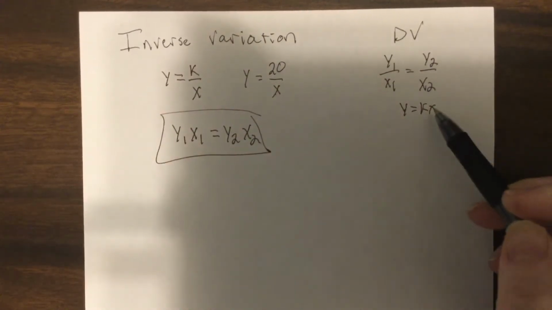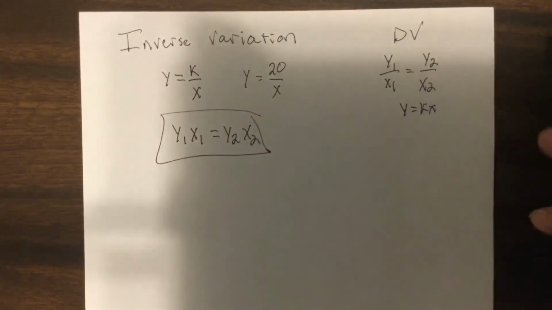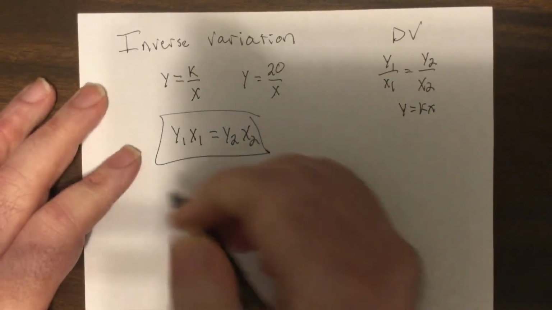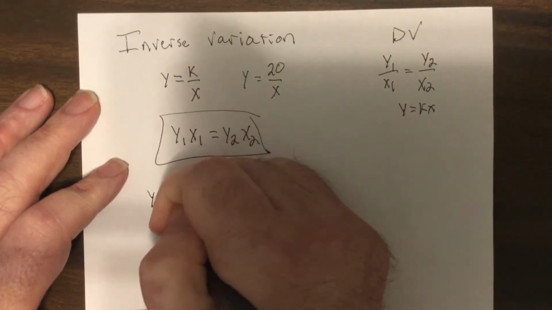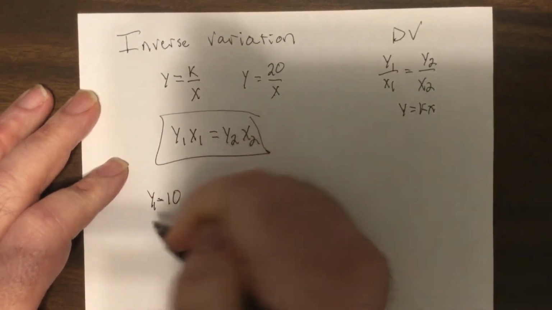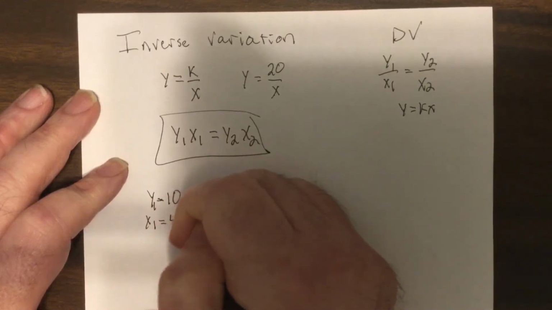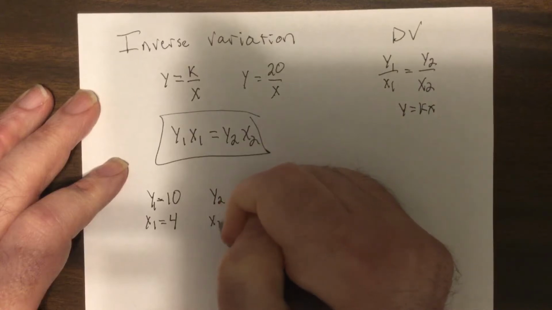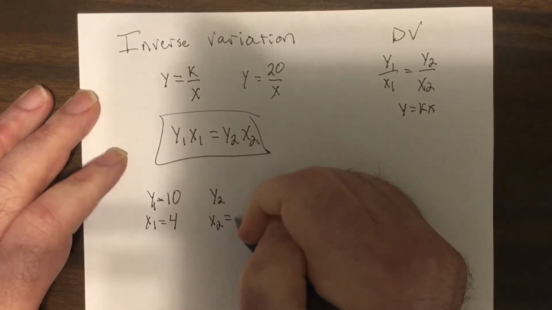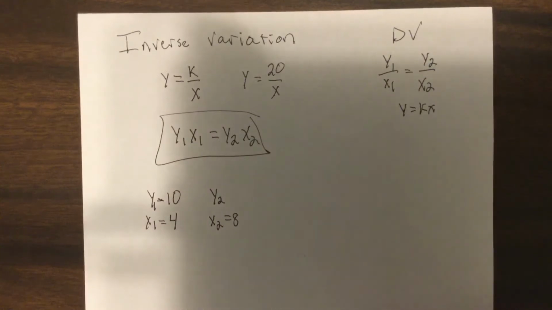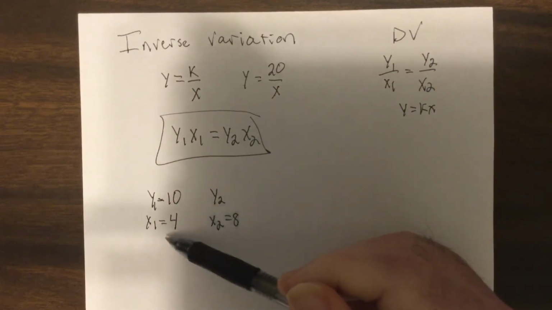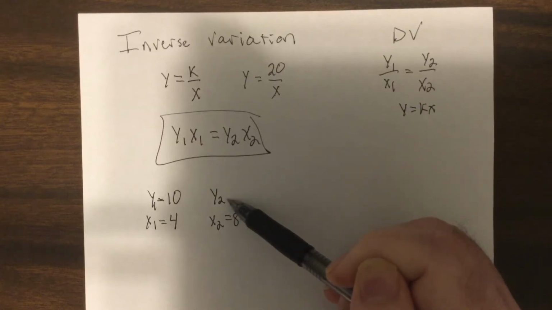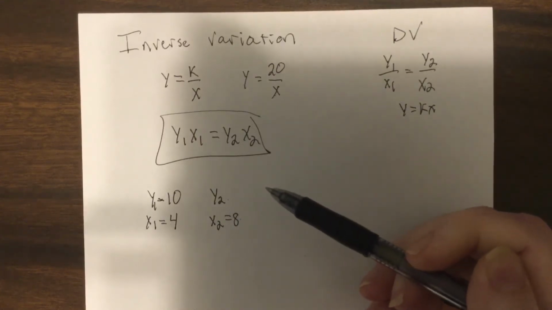So direct variation is the fractions, or what's called a proportion. Inverse variation is the products. So if I said y1 equals 10 when x1 equals 4, what's y2 when x2 is 8? Now, notice inverse variation, x got bigger, so y better get smaller, or it's not an inverse variation.